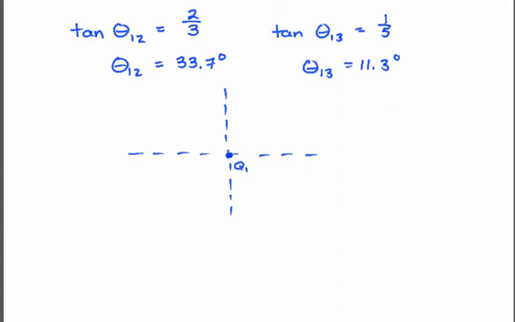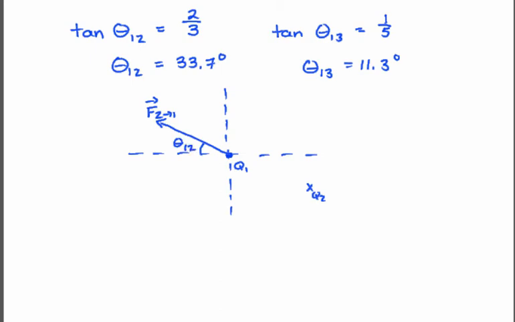So if charge 2 is over here somewhere, then the force that charge 2 puts on charge 1 is going to be in the opposite direction. And again, we just calculated the angle between those two, so we can put that in here as well.